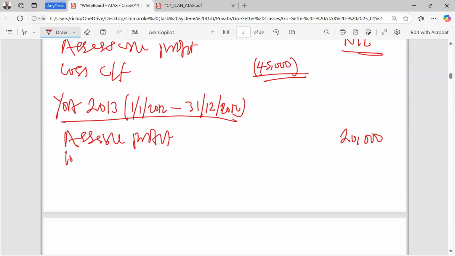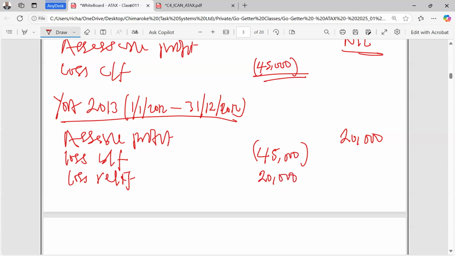Then you have your loss brought forward. You are bringing forward this 45,000. 45,000 is brought forward. All right. Then loss relief. You have 20,000 to relieve. So you reinstate 20,000, bring it for relief, and you relieve the 20,000 here.